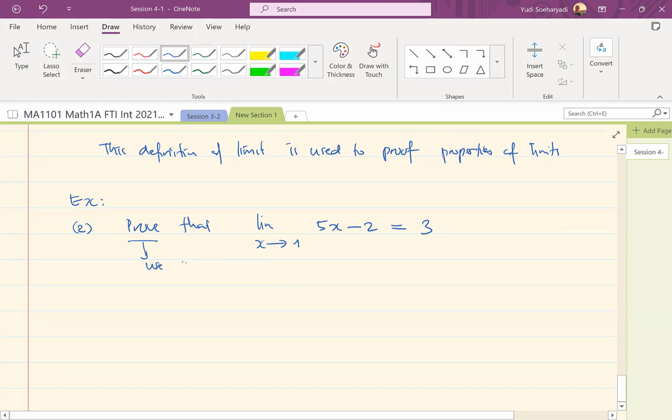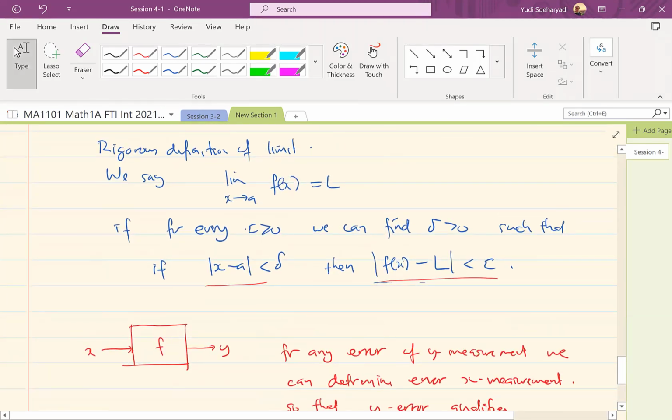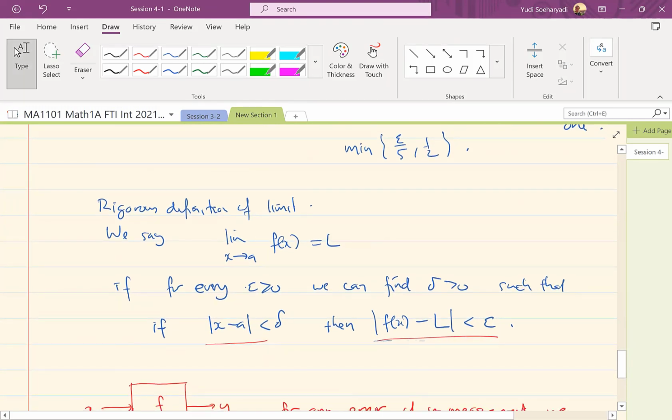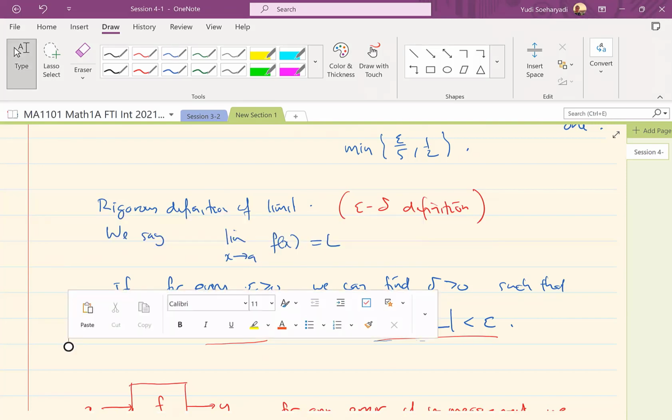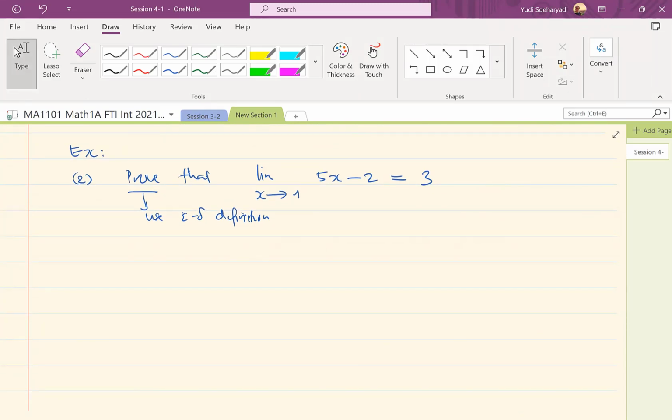This definition is called the epsilon delta definition. Okay.